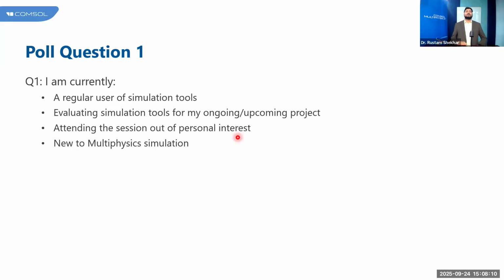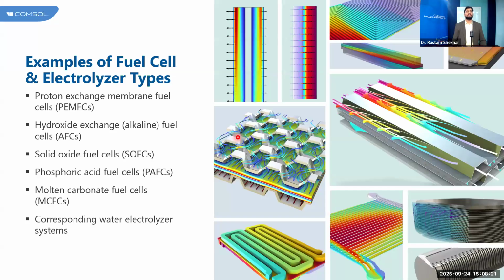Yeah, sure. Thank you. So now we'll look at fuel cells and electrolyzer systems. You can see the major technologies which people are focusing on or working on. It's based on the membrane they are using. If the membrane is conducting protons to have this kind of energy conversion, then it's a proton exchange membrane.